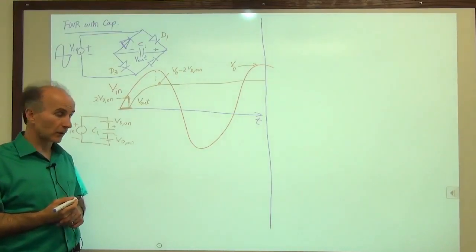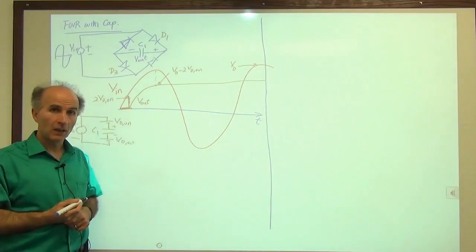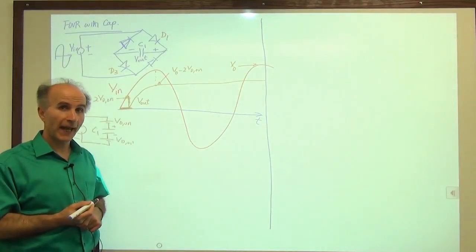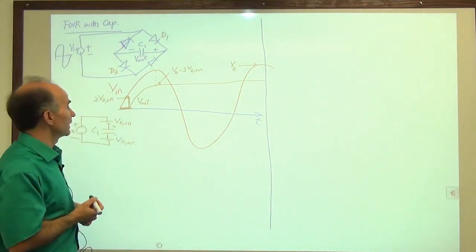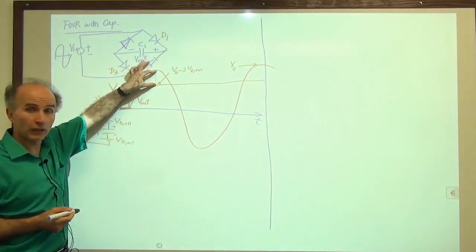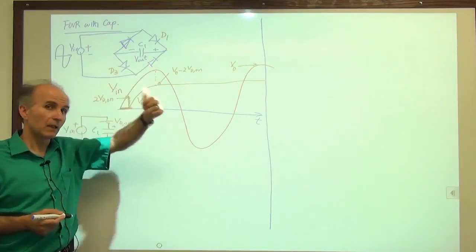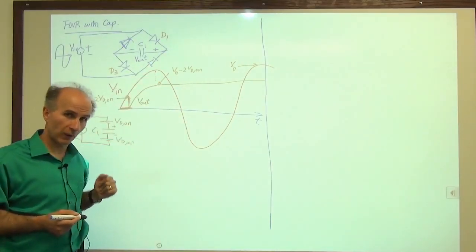All right, very good. So that's the behavior of a full-wave rectifier. The only difference with respect to a half-wave rectifier is that this drop is 2 diode drops rather than 1. So we lose a little more voltage in this case than in the case of a half-wave rectifier.